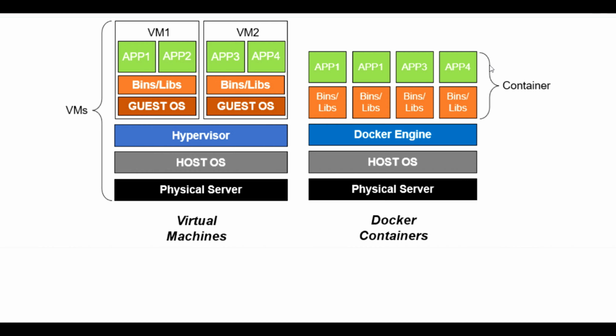But if you look at the containerized side, you'll see that there is only one Docker engine, and this has application one, application two, and so on. All these applications have their own binaries and libraries and share the host operating system kernel. Here the machines are isolated, but in the case of containers, they share the host kernel.